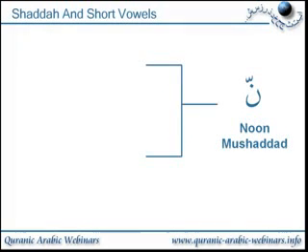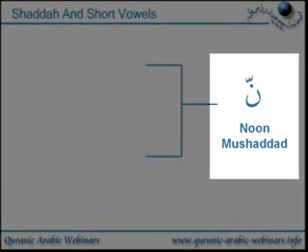Now we're going to look at the letters with shaddah and how they work with short vowels. First thing to note, any letter which has the shaddah symbol on it will be known as mushaddad. So here we have a noon with shaddah, so you can actually call this the noon mushaddad. So by saying that, we know that the noon is carrying a shaddah.